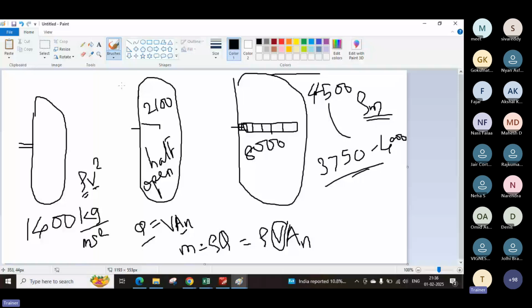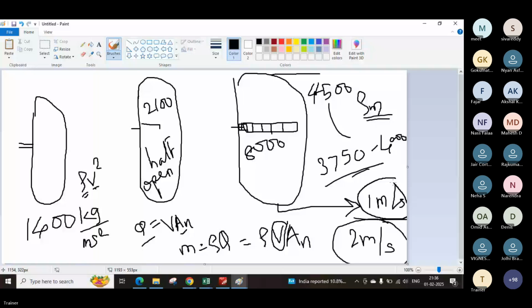When we talk about the liquid outlet, generally it is sized for 1 meter per second velocity. Some companies I have seen use 2 meter per second, but generally this is not recommended. Generally, 1 meter per second velocity of the liquid is used to calculate the diameter of this nozzle size.